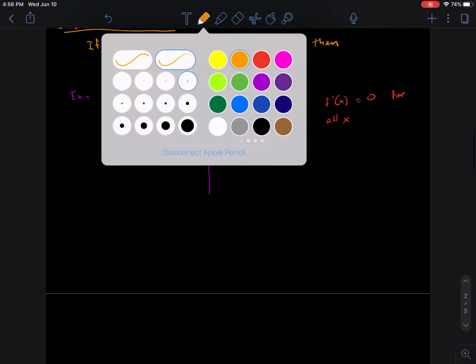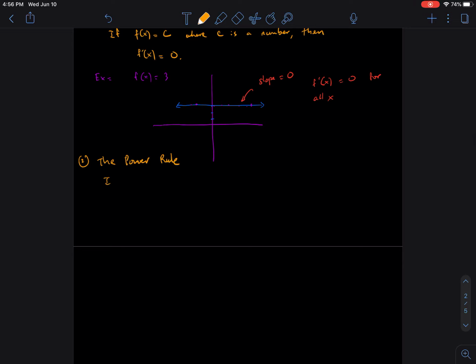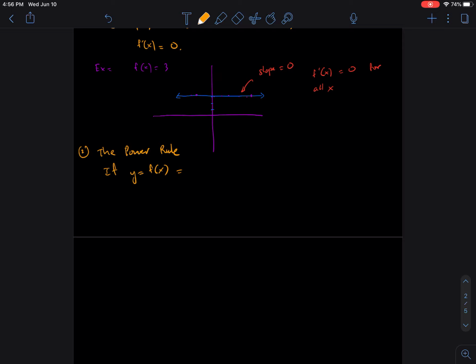The power rule for derivative is saying that if we have a function, let's call that f of x, or y equal to f of x, and this function is in the form of x to the n, where n is a real number.